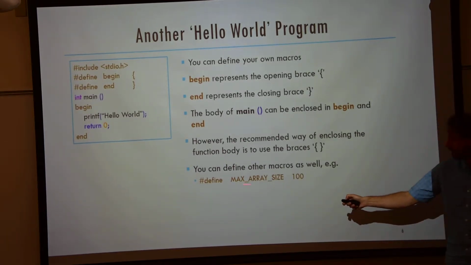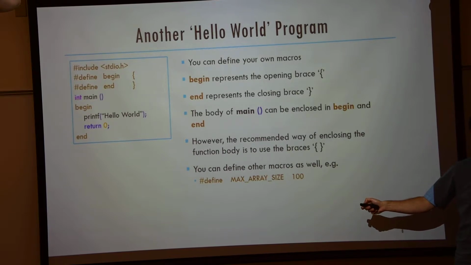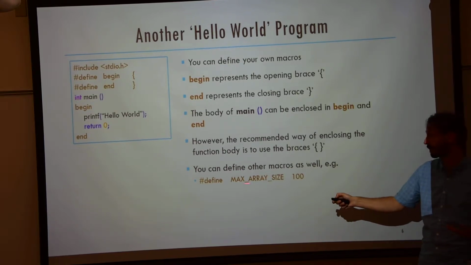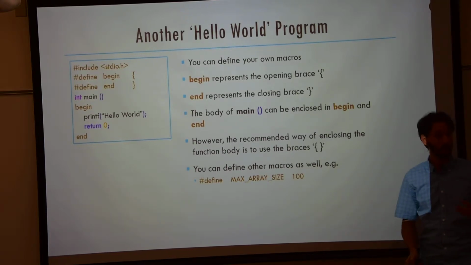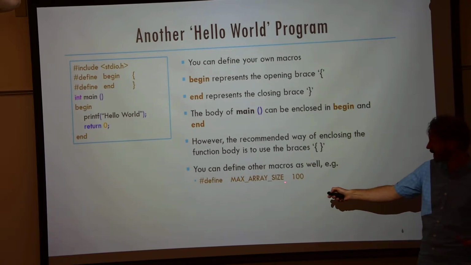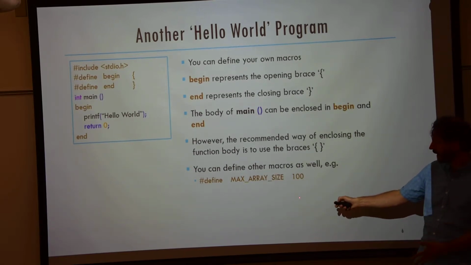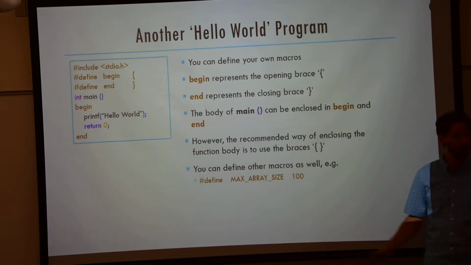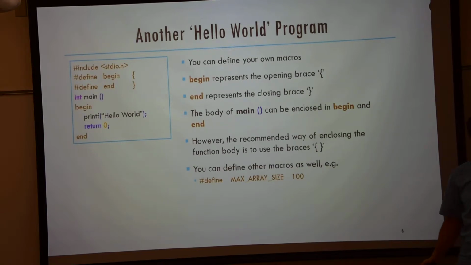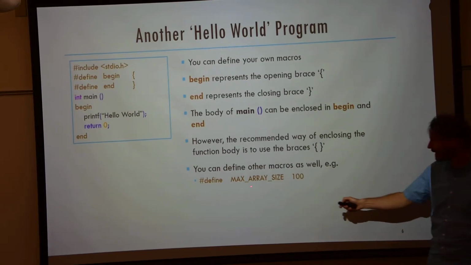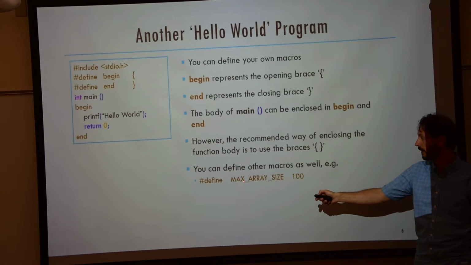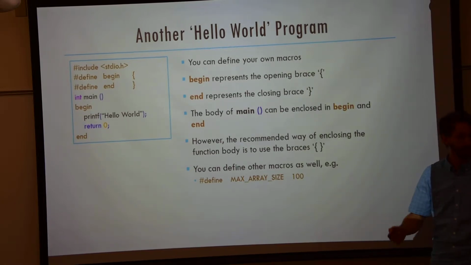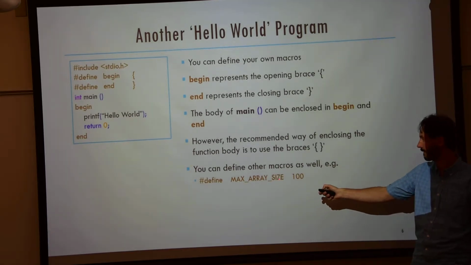But these kinds of define statements are a great illustration of its usage. For example, if you use this in your program, you never use 100, but you always use max array size. Now, why would you do that? Because if you then read your program, you can interpret your own program by seeing, oh, here is where I meant to have some statement that compares something with respect to the max array size.